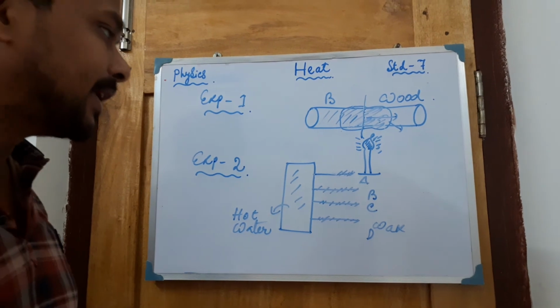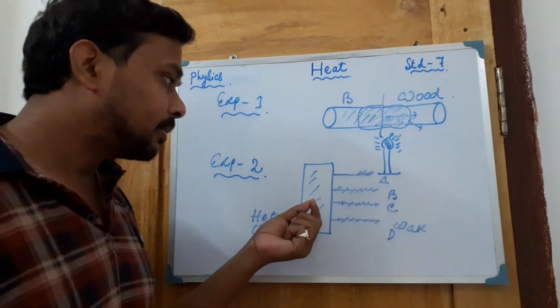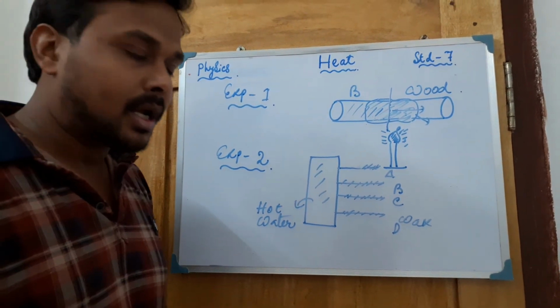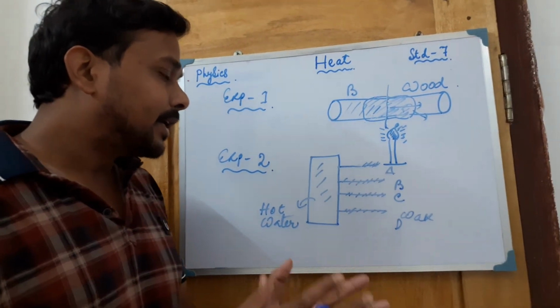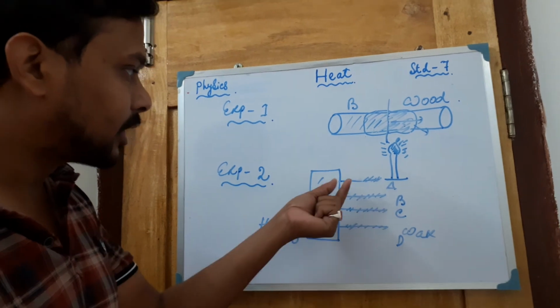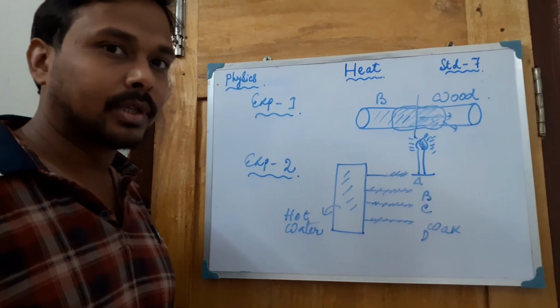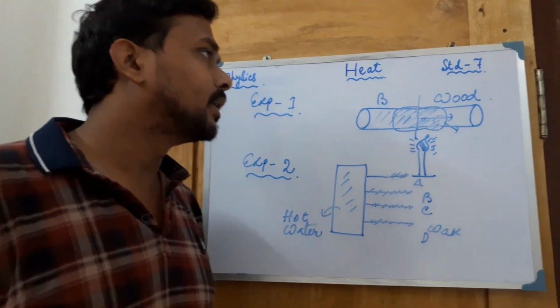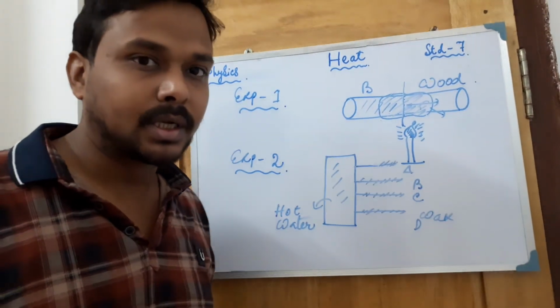So what is happening? The thermal conductivity for every material is different. Every material has a different thermal conductivity, so the melting of the wax is different for each one. So that is the experimental verification. In the next video I will tell you about the uses of that and the rest of the topic. Thank you.